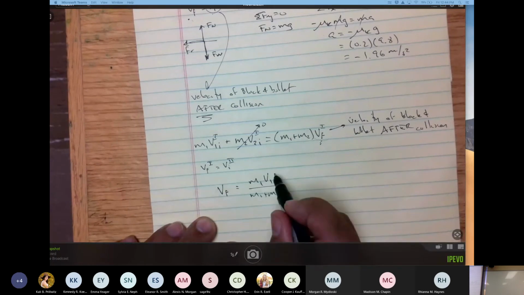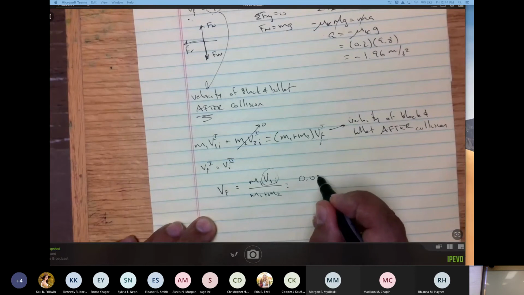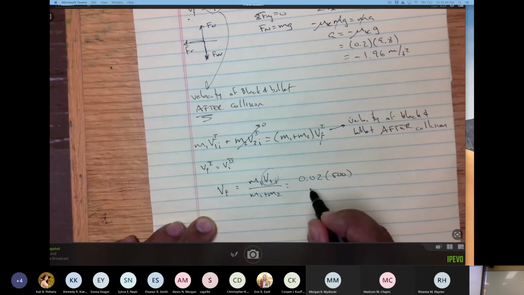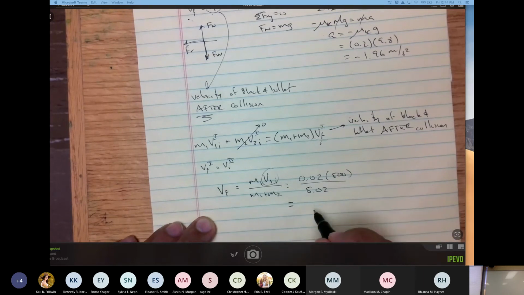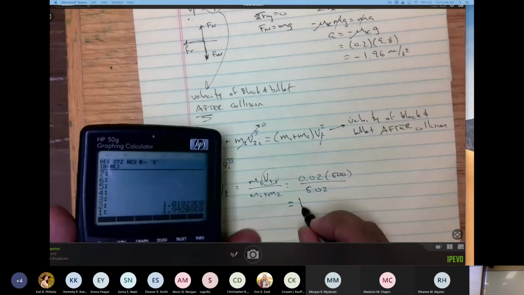So this will be 0.02 times 500 over 5.02. And this gives me a velocity of 1.99 meters per second.